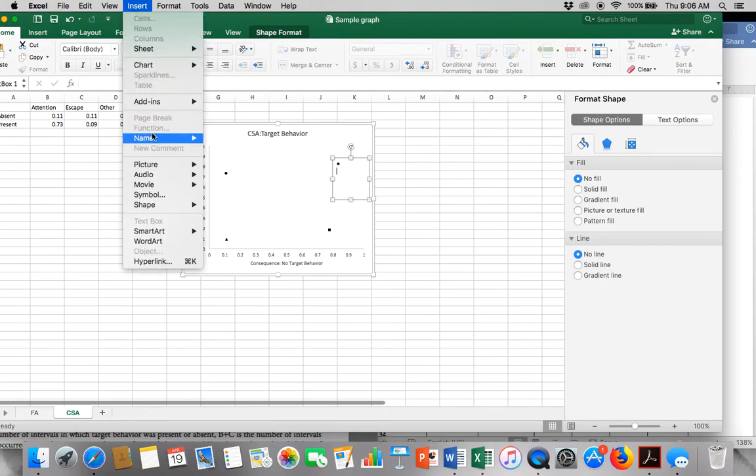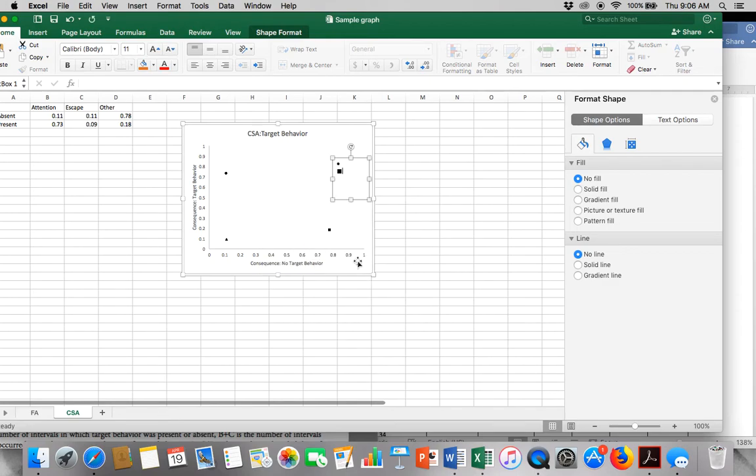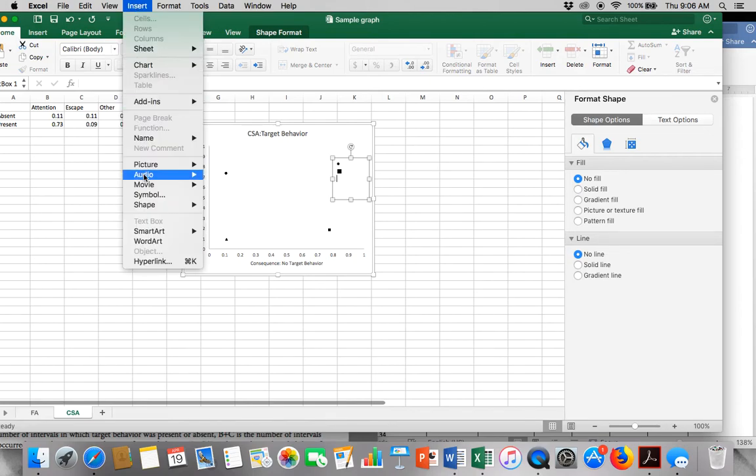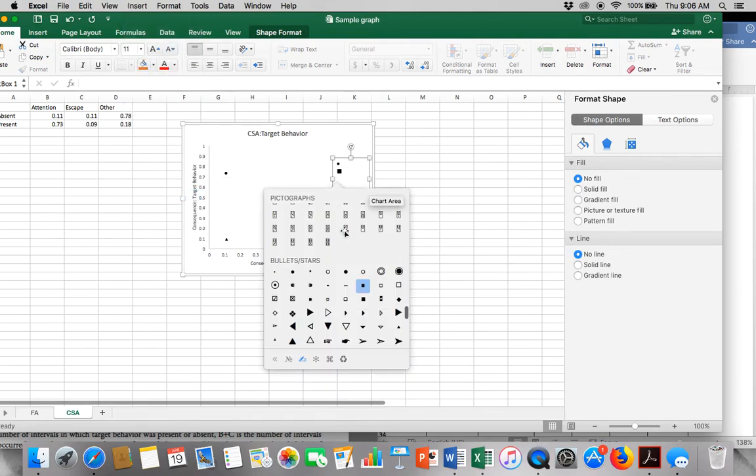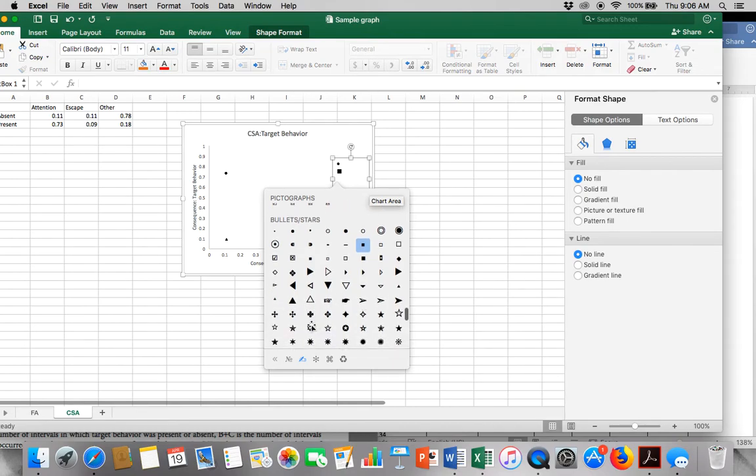I'll just try a different square. Okay, and then insert another symbol. It'll be our triangle. So we'll go with that triangle.